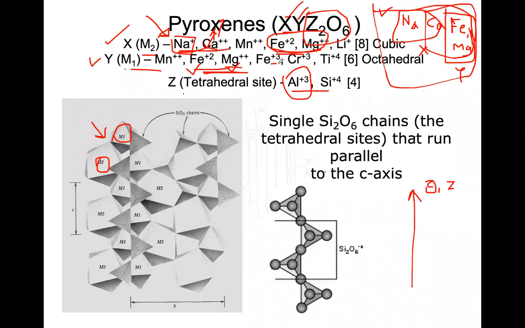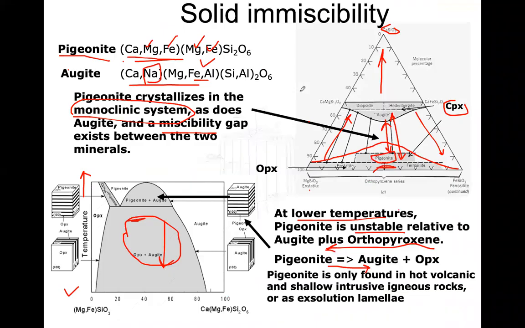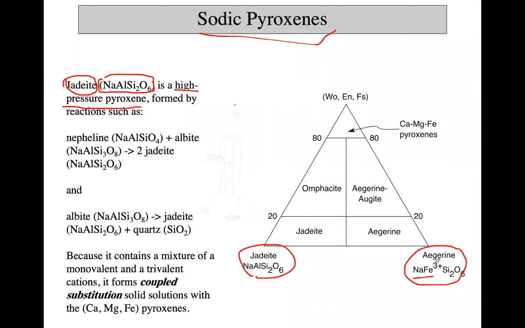Okay, so you know already ferric can also come into the structure instead of iron, magnesium there, right? Chromium can also be there, right? Ferric, chromium, titanium even can be there, right? So under high pressure conditions, ferric and sodium are coming into the structure, right? So they form a solid solution series called the jadeite and aegirine series.